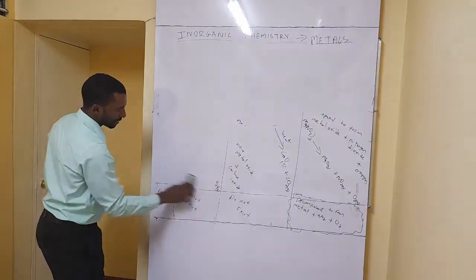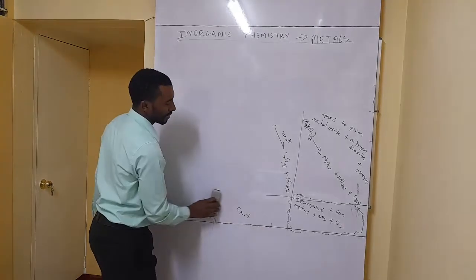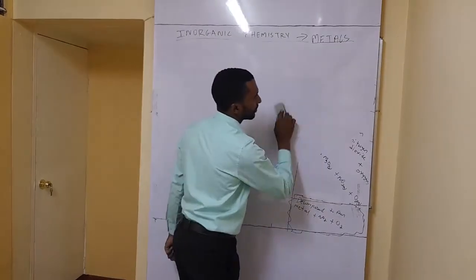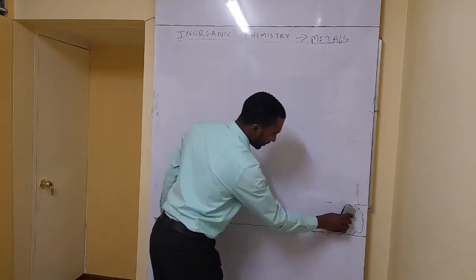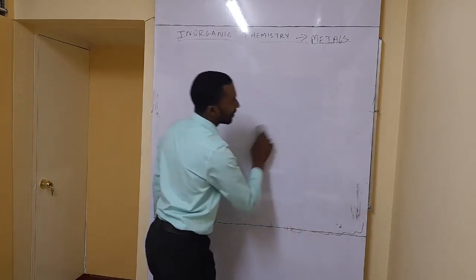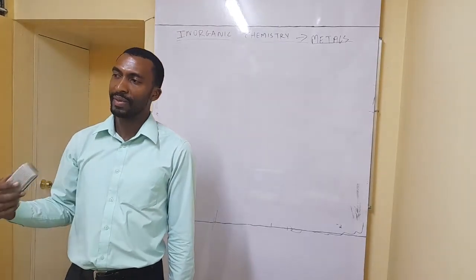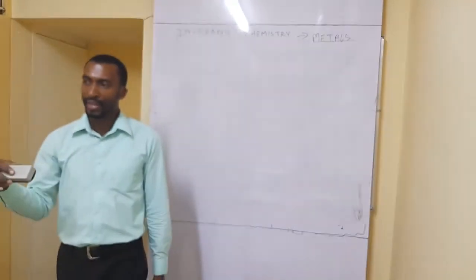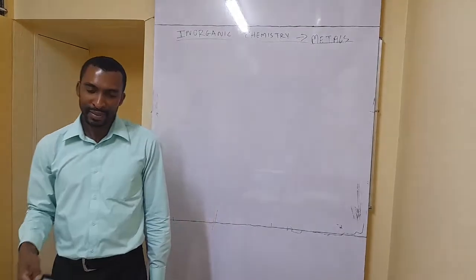So we know that the group 1 metals tend to be very reactive and the compounds they form are very stable. Then group 2 next in line, then group 3, then the transition metals.